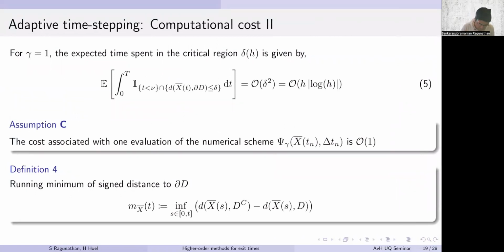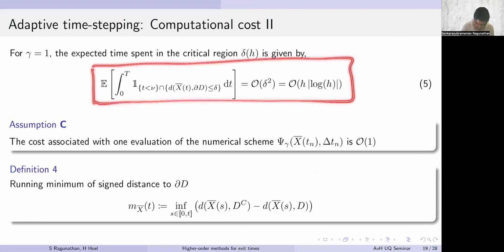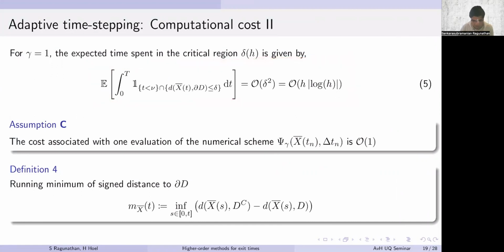So in order to measure the amount of time that is spent by the process inside the critical region, we represent this term here, which basically relates to the occupation time. So the time that the process spends inside of the critical region, and we can show that it's of order delta squared for the order 1 scheme, which ultimately relates to it being of order h log h.